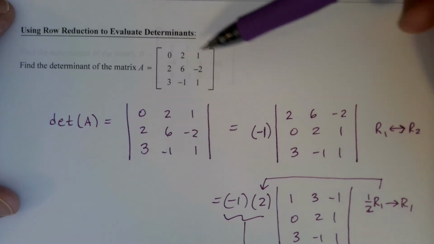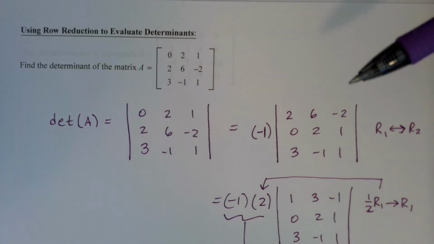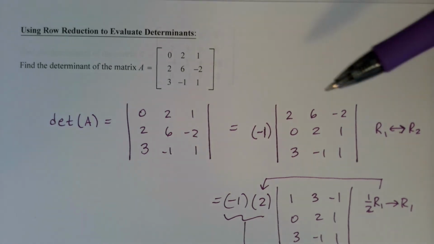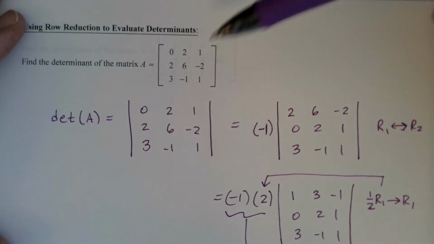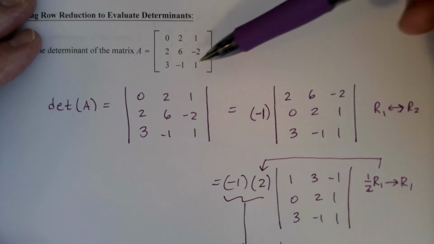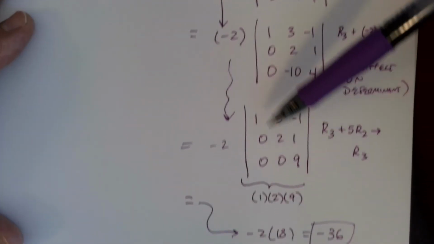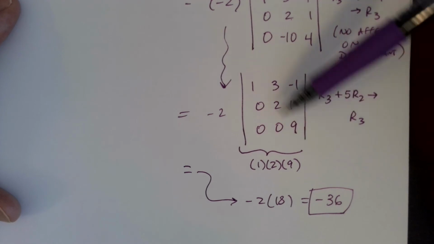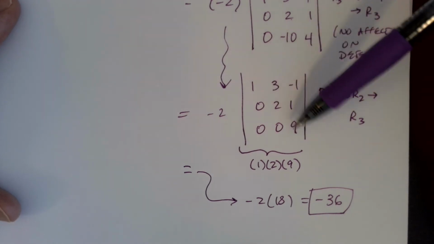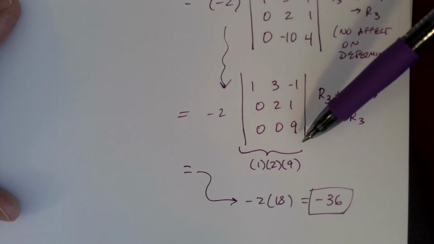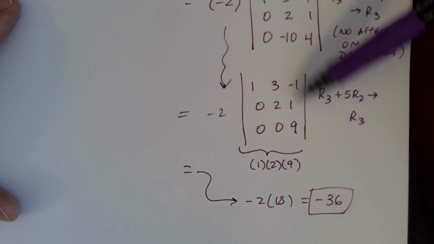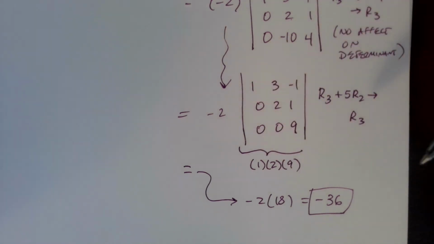And so there's no hard and fast rule about how row reduction can be used to find the determinant of such a matrix. Often it's a little bit of an art form, you could say. There's lots of things we could do, but a typical thing again is to put it into row echelon form, as I've done here, or at least into a triangular form, and then use what you know about the determinant of that triangular matrix to find the determinant of your original matrix.